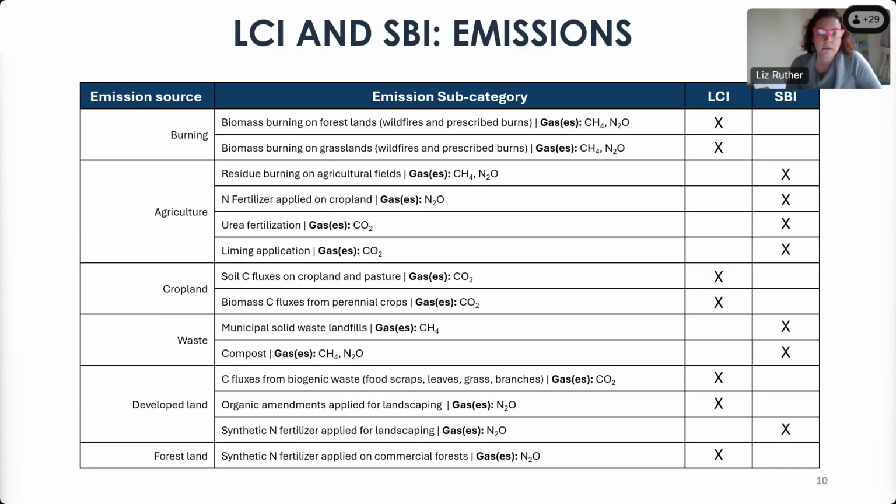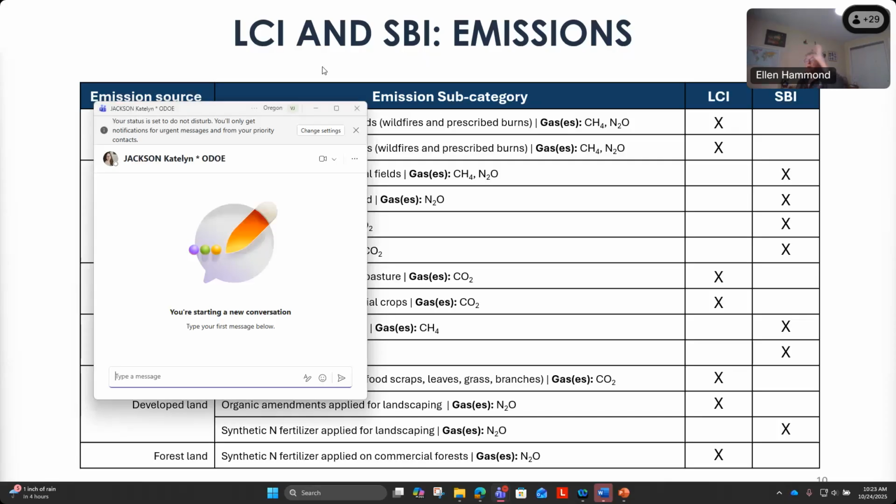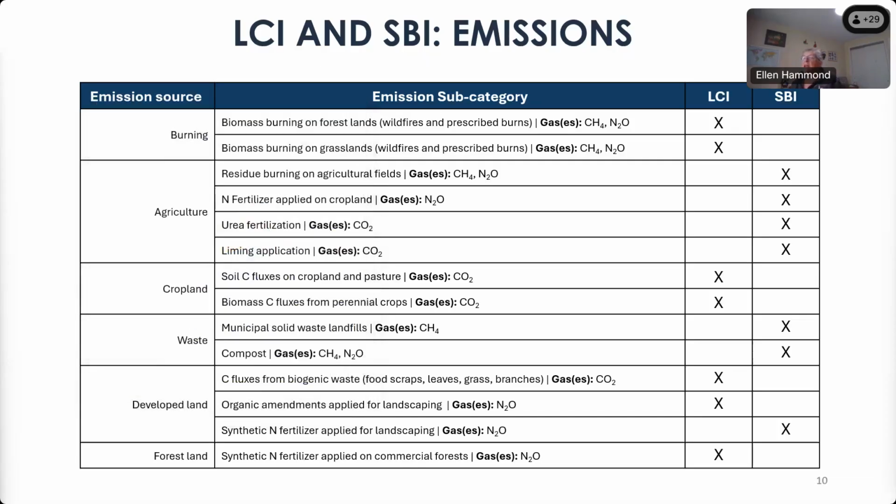Ellen, question. Yeah, so going back to what Megan said, all those agricultural practices are on croplands. Is this table just for internal use, or are other people going to be looking at it? Because if they are, they're going to be confused by seeing a separate category called cropland. I don't know if you can just call that cropland soils or something to make it clear why it's not part of agriculture.